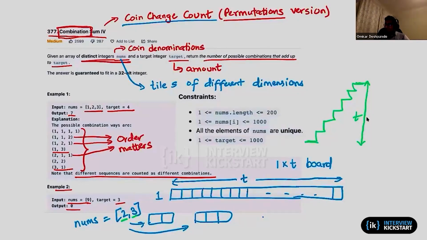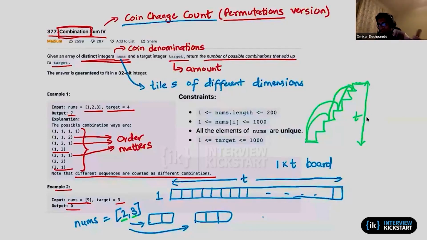So a jump of 2 followed by a jump of 3 is different from a jump of 3 followed by a jump of 2, even though the result might be the same. So you could interpret this same problem using a climbing stairs lens as well.